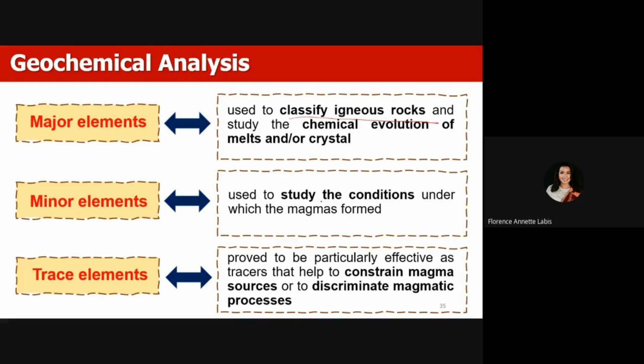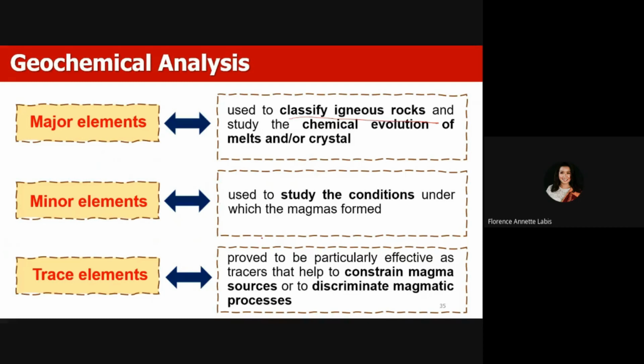Minor elements are used to study the conditions under which the magmas form. And trace elements, although their content in your sample is very minimal, actually prove to be particularly effective as tracers.